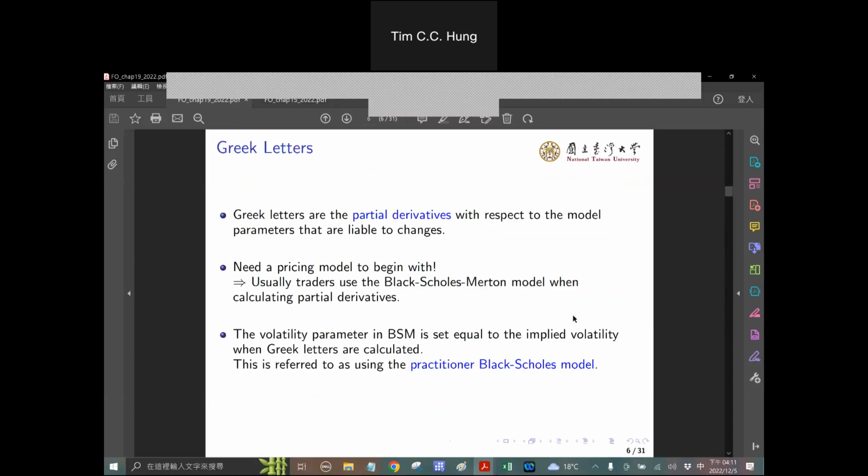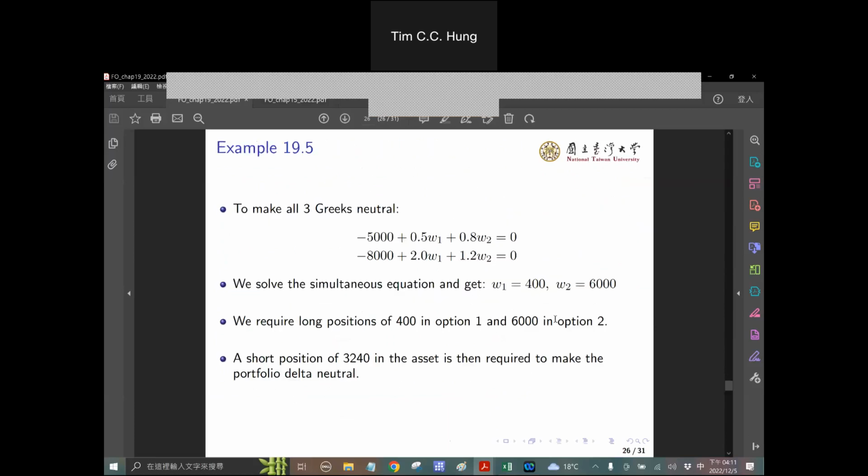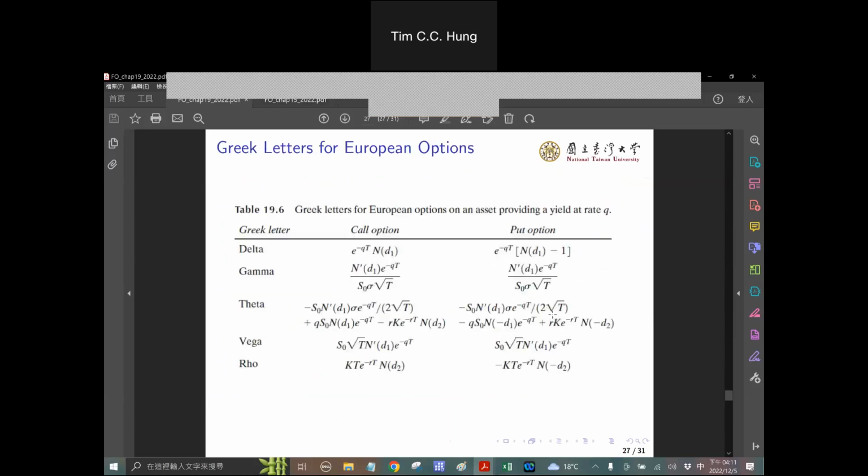Yeah, I'll go through the derivations. At the very end of the slides, this is also the last table in the textbook. This is the closed form solution for the Greek letters of European call options and European put options. Why do we have a closed form solution?